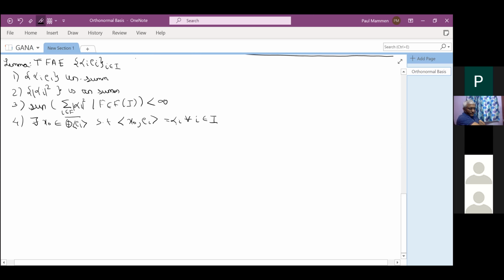And additionally, if this set is maximal, I must have that x is equal to x naught, because otherwise I could just take the perpendicular vector x naught minus x upon the modulus of x naught minus x, and that would now be perpendicular to each of these ei's, and I could just introduce that into the orthonormal set, and so that would be a contradiction.